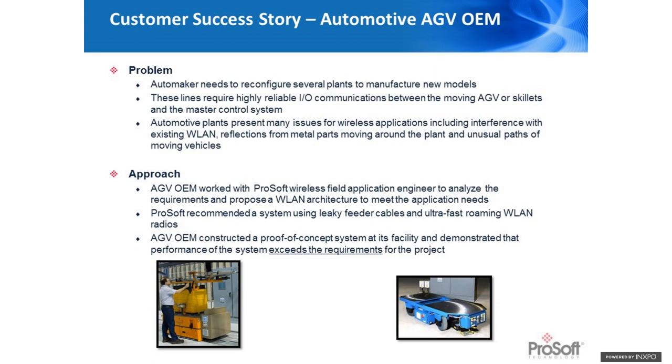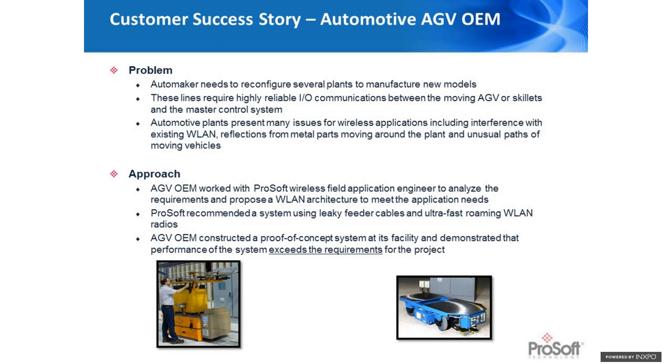So let me talk about a couple of specific applications that we've done that will help illustrate what these solutions look like in the real world. In this case, we had an automaker recently who wanted to reconfigure several of their plants. And what they were looking to do is to be able to build 3 different models on the same line.